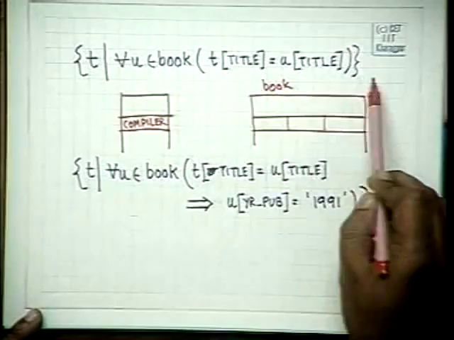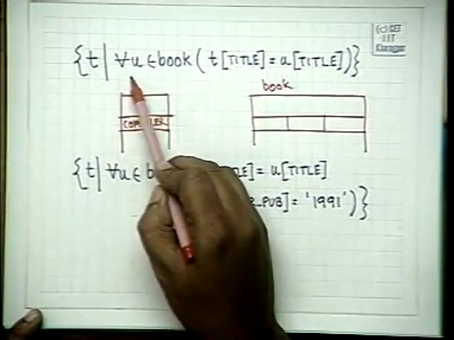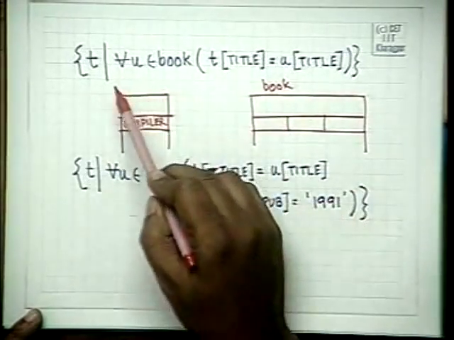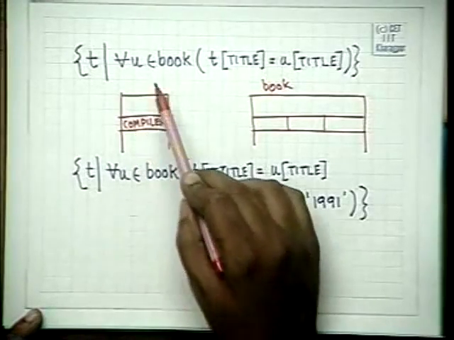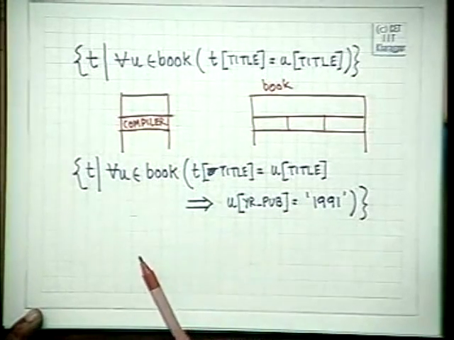So this query means that for all U element of book, there can be only one title. So this returns the name of the book provided there is only one title in the library. There may be 5 books with the same title with different years of publication and accession numbers, but the title must be only one. That is the meaning of this.